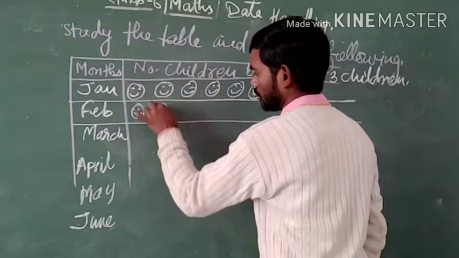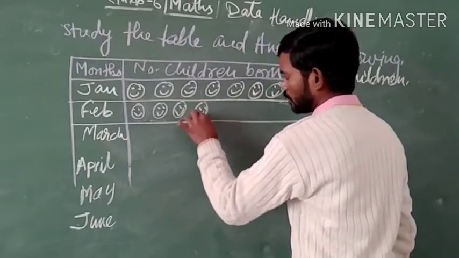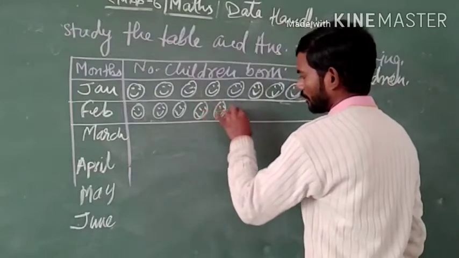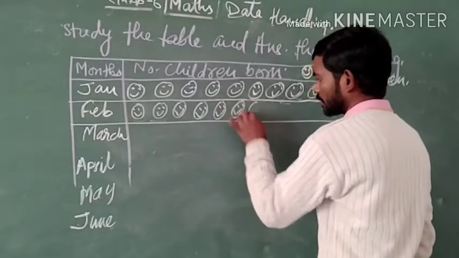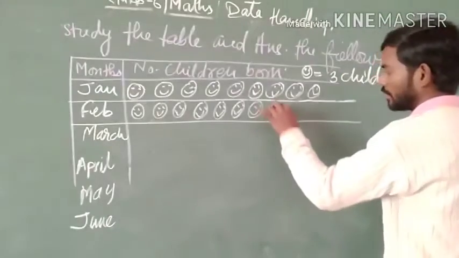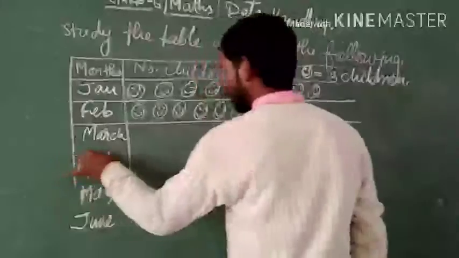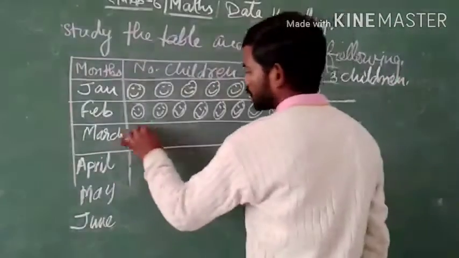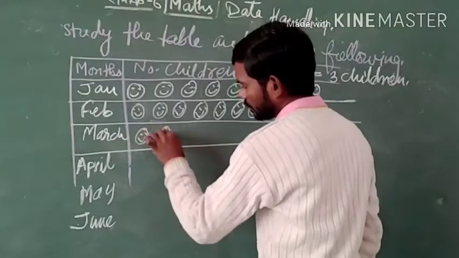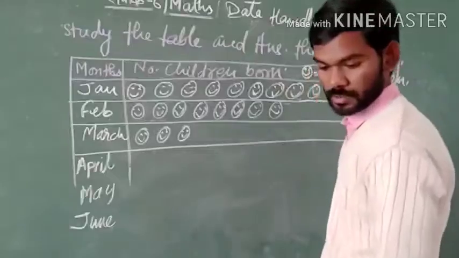1, 2, 3, 4, 5, 6, 7 and 8. Similarly, in the month of March it is 1, 2, 3, only 3.